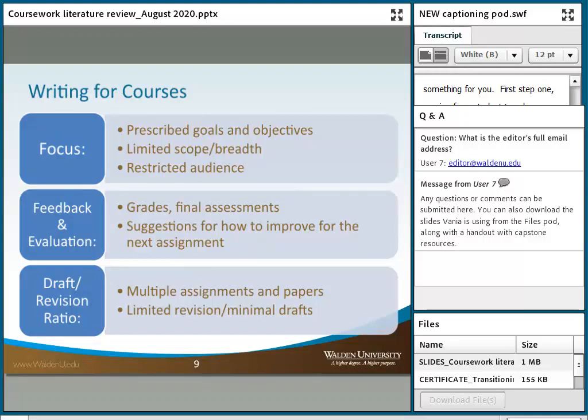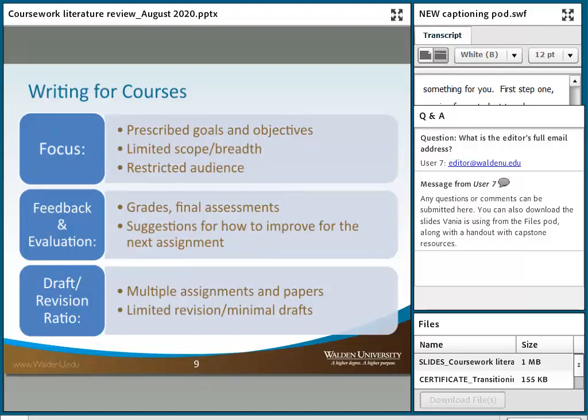Writing for courses, you've got a really limited scope and breadth of focus, right? Someone gives you a paper assignment and says, write about this, or choose a topic, but then write about this. So someone tells you what to write about, and you're writing for one person, a restricted audience. Your feedback is going to be a grade.